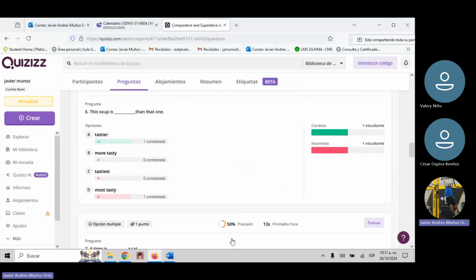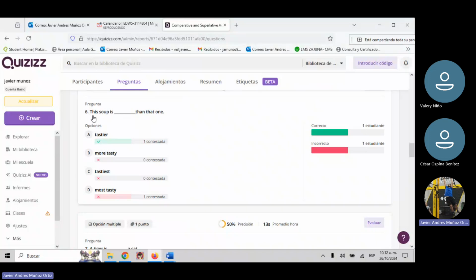Next one, tasty. In this case, the word is tasty because it ends in y. This y is replaced by iest for superlative, ier for comparative. So we could say that it could be tastier or tastiest, right? Also, according to the context, we have than, therefore we need to use the comparative. But let's suppose that we don't have the word than.